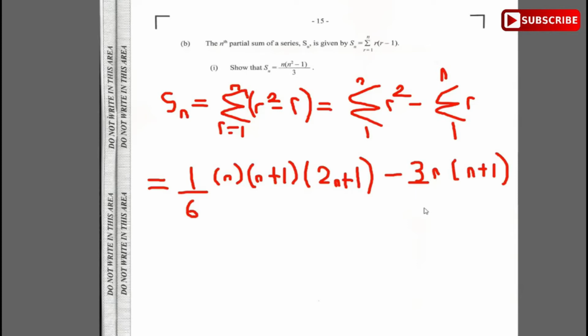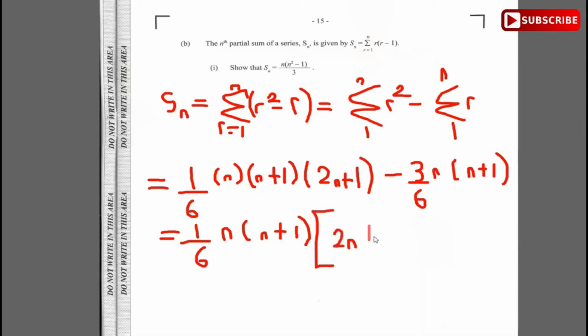So that allows me to factor out 1 over 6 n times n plus 1. And when I factor that out, I'm left with 2n plus 1 minus 3.